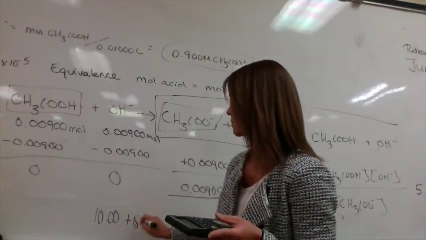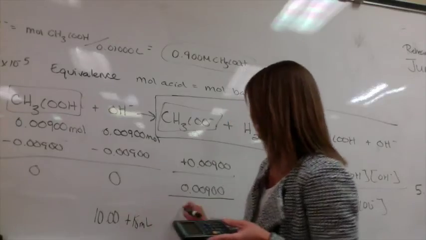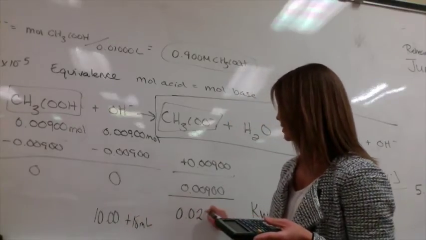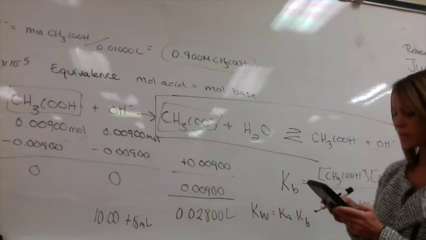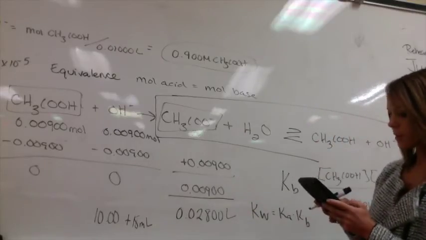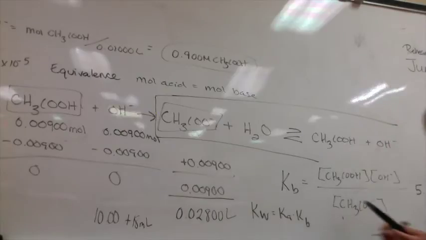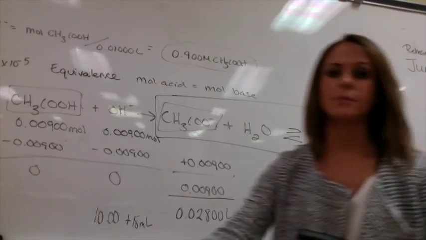So that was 18 milliliters here. So you put in 28 milliliters, so 0.02800 liters, and we'll solve for the concentration of the conjugate base that's floating around in there. So this is all over 0.3, just trying to make sure I keep track of sig figs a little bit, 321, and then we'll solve.